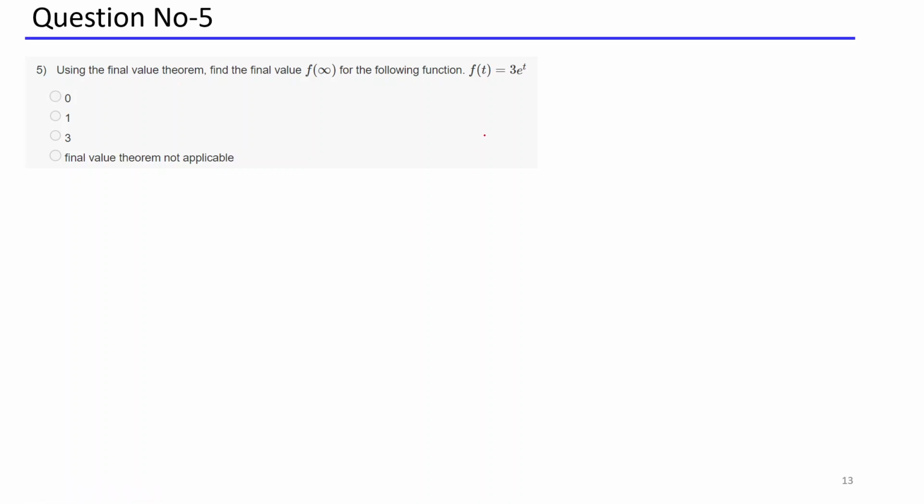Same definition, sir. Final value theorem means limit t tends to infinity, f of t, which becomes in the Laplace domain limit s tends to 0, s into F of s. Just three. So if you put here, it becomes 3.